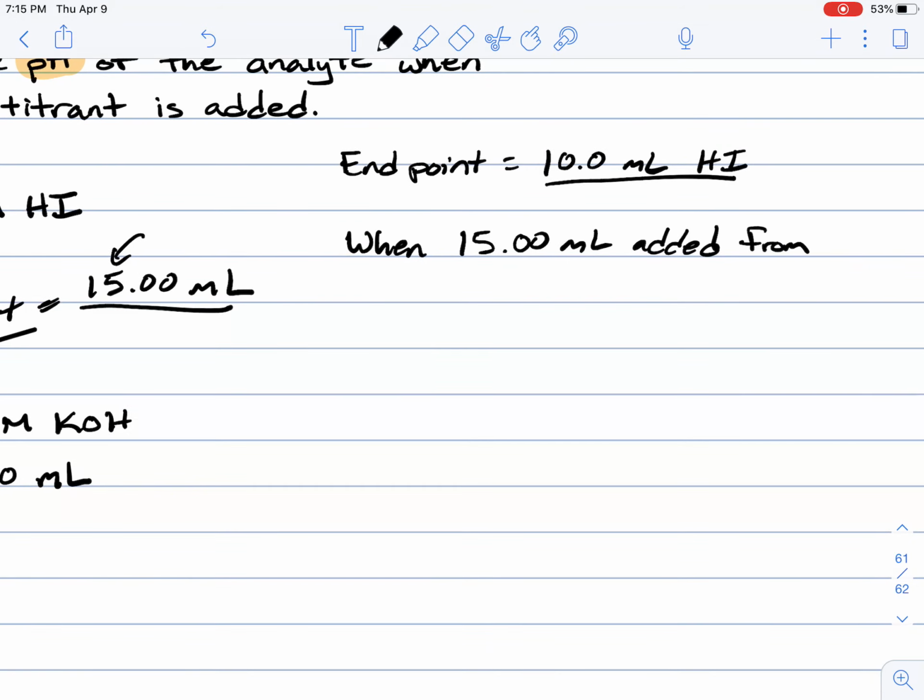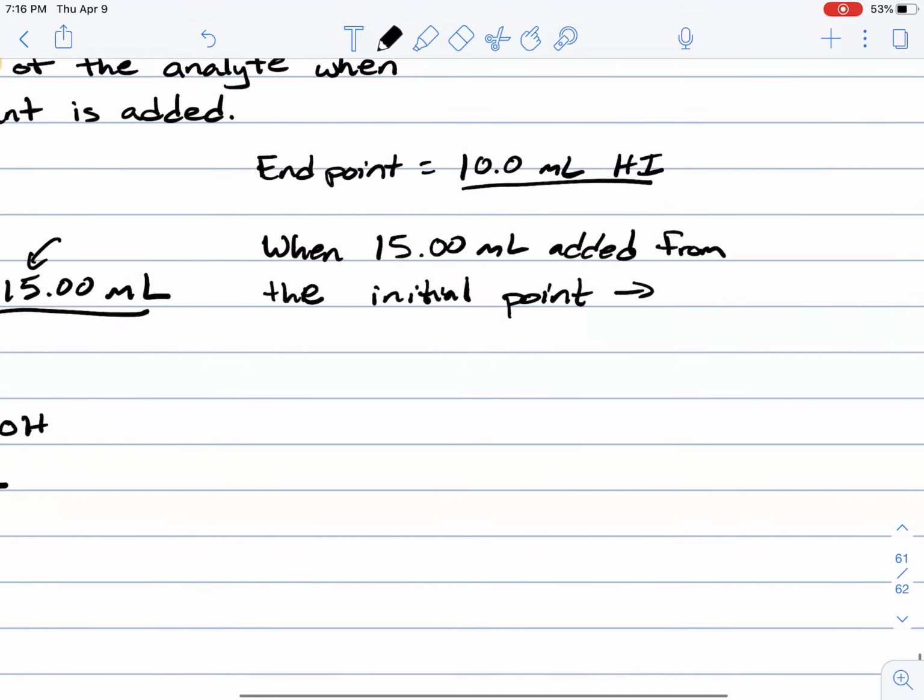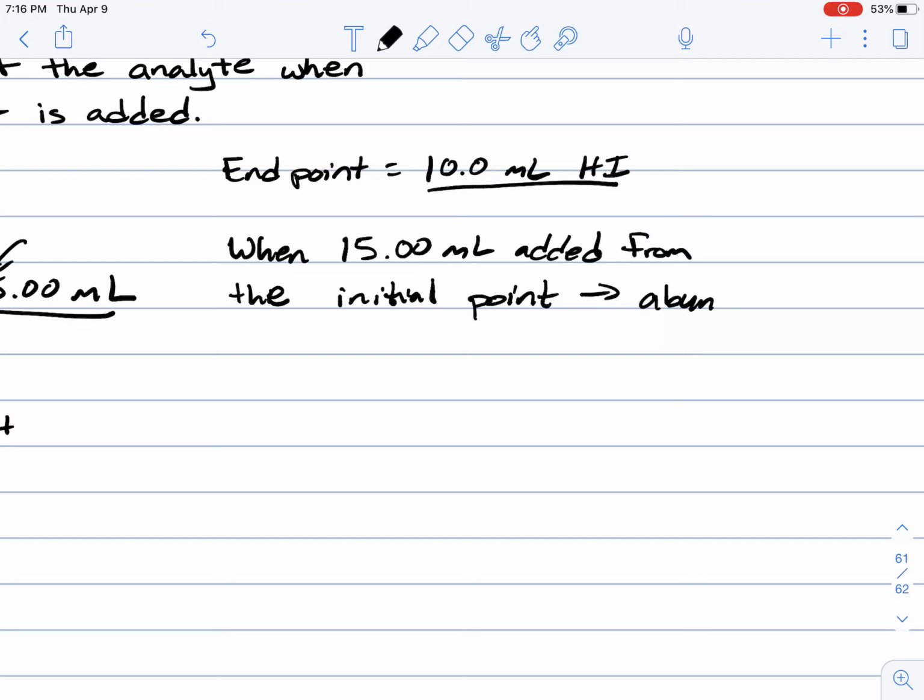from the initial point, let's just say, we're going to have an abundance of titrant. And so this is where we're going to see that huge shift in our titration curve, right?